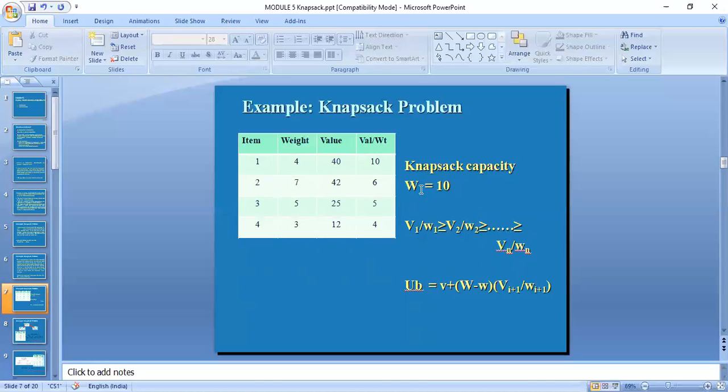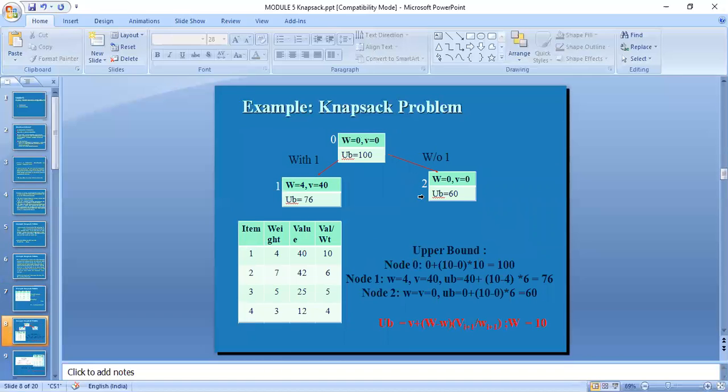So what is the maximum knapsack capacity given? 4 items are given, all with their weight as well as value, and the knapsack capacity is 10. So now we are going to solve the problem by calculating the upper bound value using this formula.